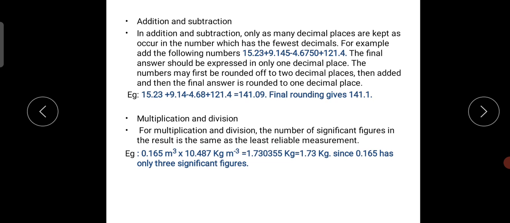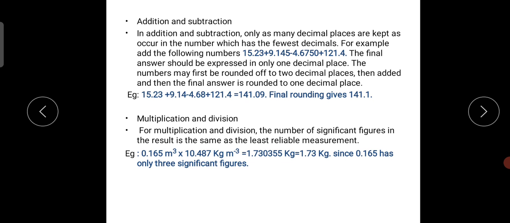But after addition and subtraction, our answer should have only one decimal place. See, this is our answer. So this should have only one decimal place. So we can finally round it off like this.